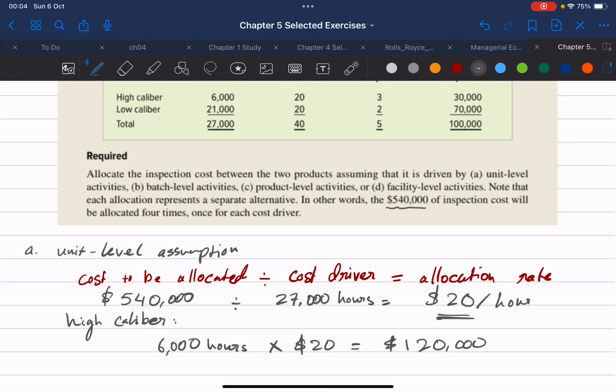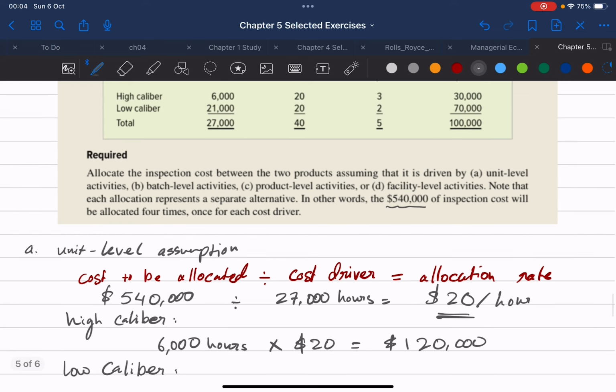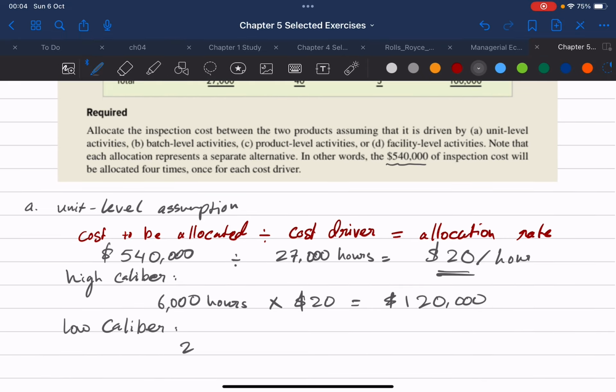Okay. Next, low caliber. Now, low calibers are determined to consume 21,000 labor hours. So we'll copy that, 21,000 hours multiplied by the same allocation rate that we calculated earlier.